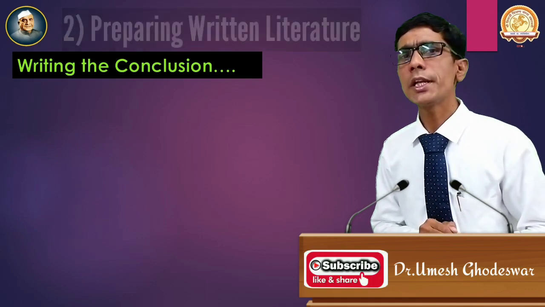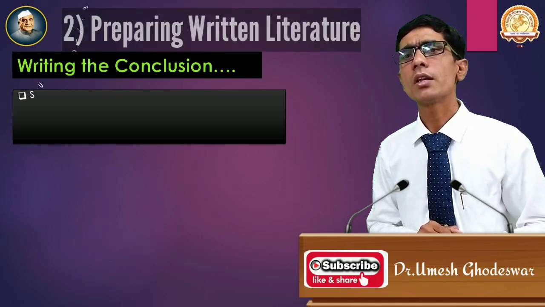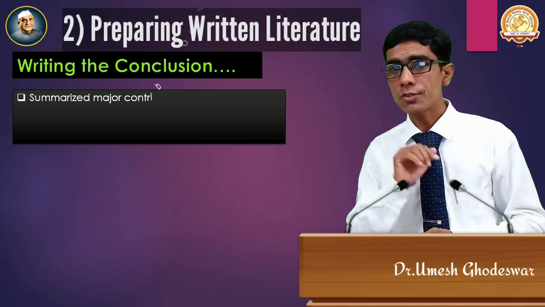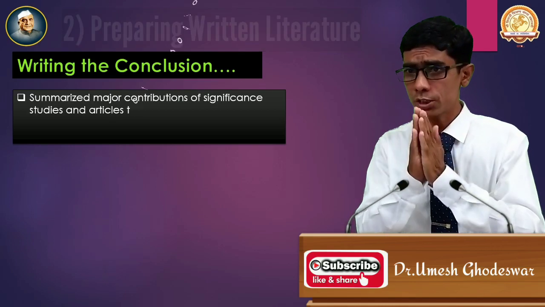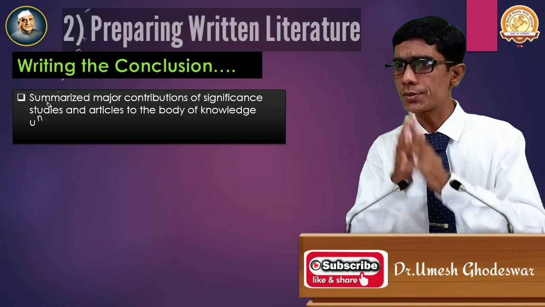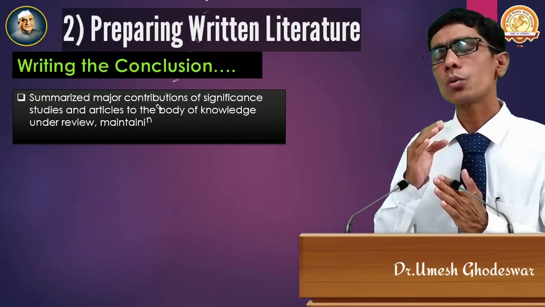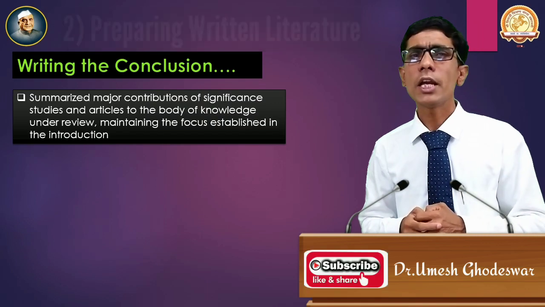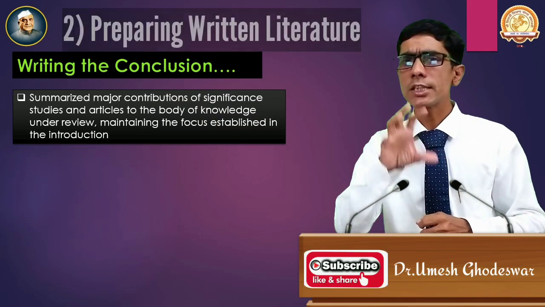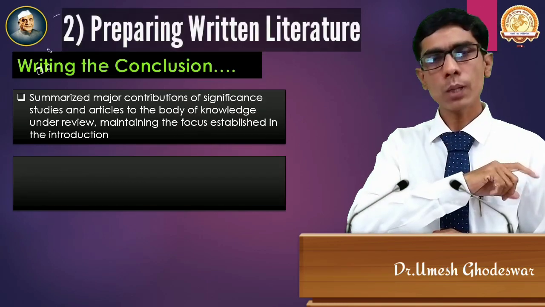The points to be taken care of in the conclusion are as follows. First, summarize the major contribution of the significant studies and articles to the body of knowledge under review. Then, maintain the focus established in the introductory part.